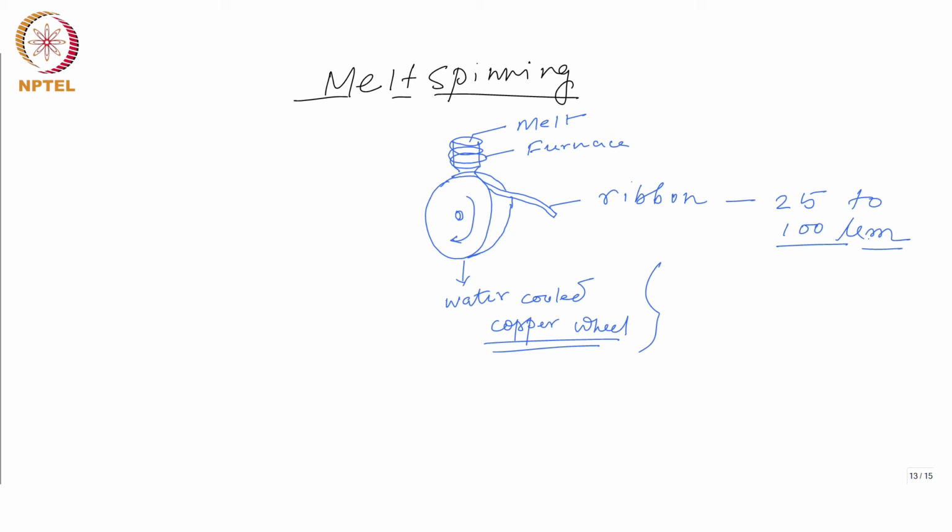And since this is very thin, this can be easily broken down into smaller fragments to generate the powder. It can be mechanically attritioned to generate angular powder.